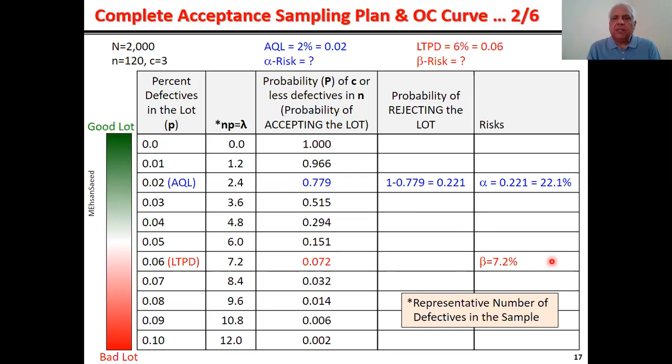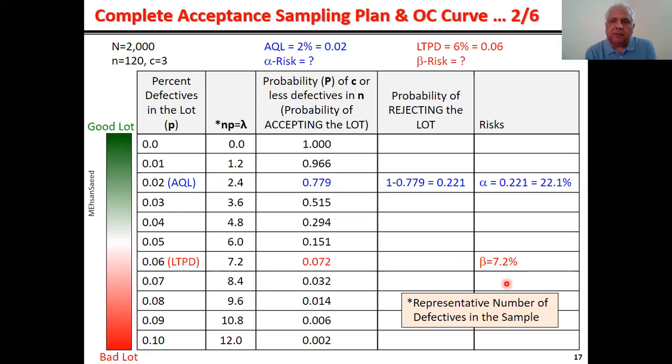So alpha risk, if acceptance sampling takes place according to this plan, the seller would be facing a risk of 22.1%. What risk? That his good lot will be rejected by the project manager or by the buyer.